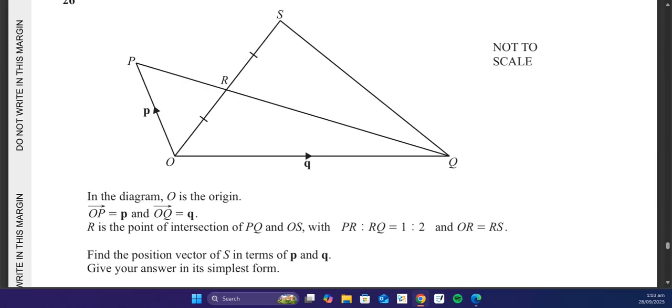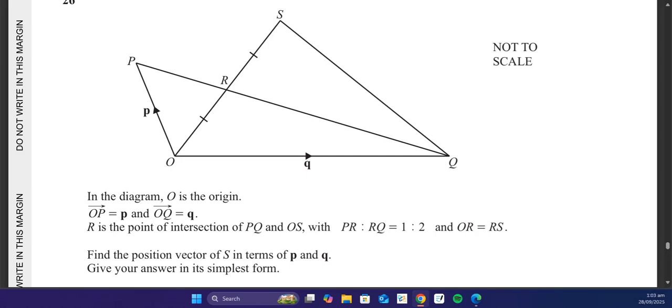In the diagram, O is the origin, OP is p, OQ is equal to q, R is the point of intersection of PQ and OS, with PR to RQ in the ratio 1:2 and OR is equal to RS. Find the position vector of S in terms of p and q, give your answer in its simplest form.